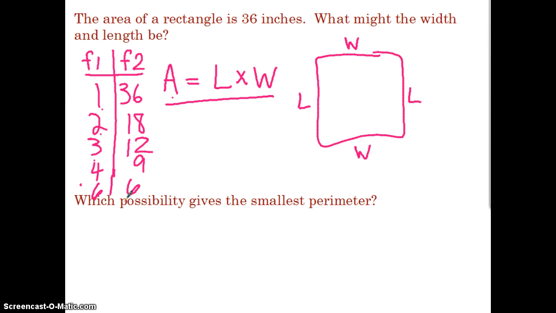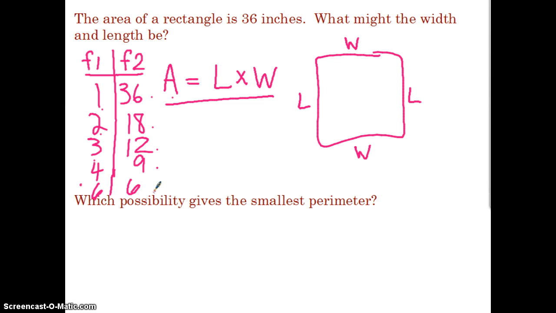Now, we have all these different possibilities. So how many possibilities do we have? How many are up there? 1, 2, 3, 4, 5. So we have 5 possibilities.